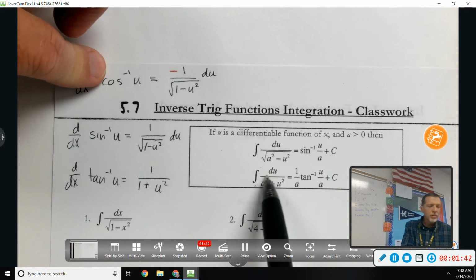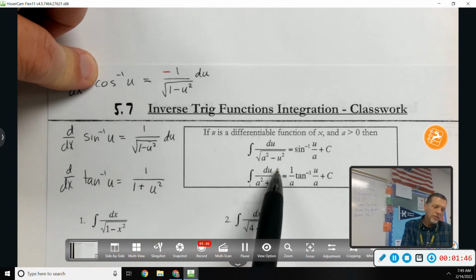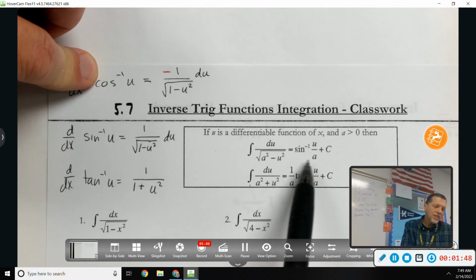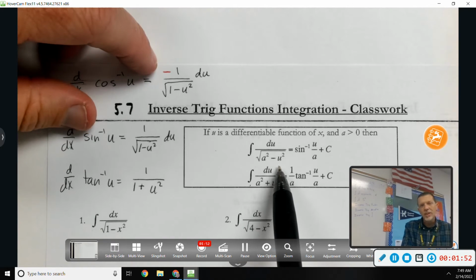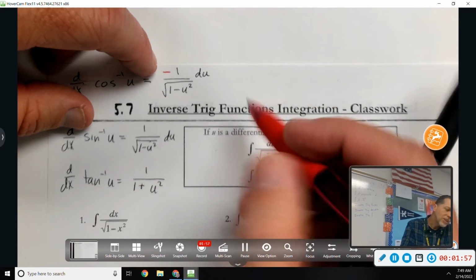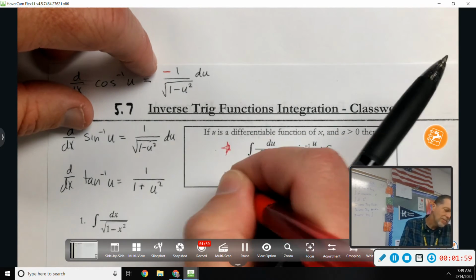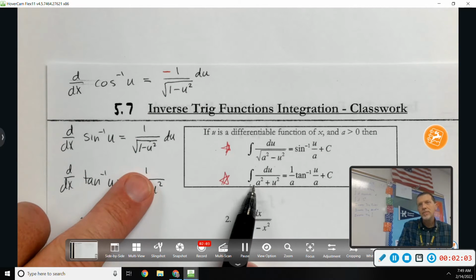Now they don't look exactly like the derivative rules, because people have done algebra on them and fixed them, and so we have to be able to sort of unfix them. They look like the derivative rules, but there's these a's in there.